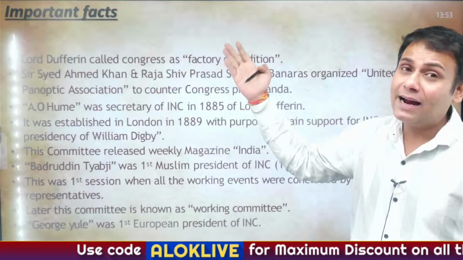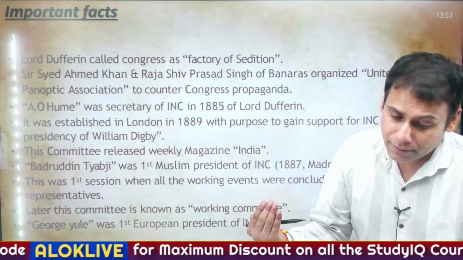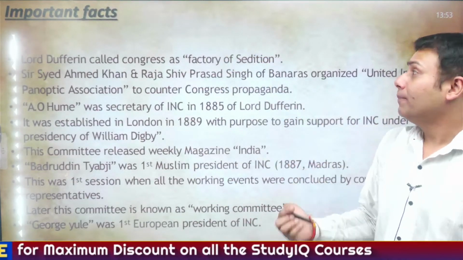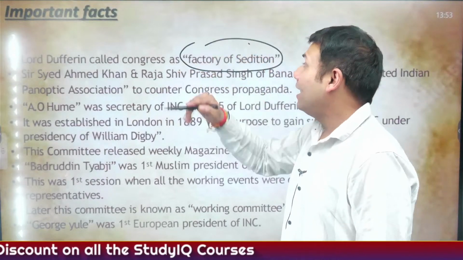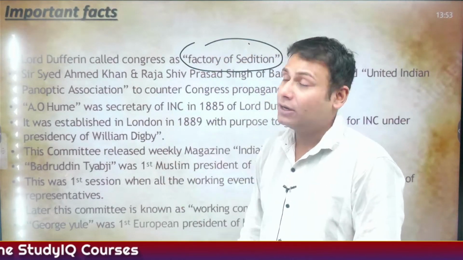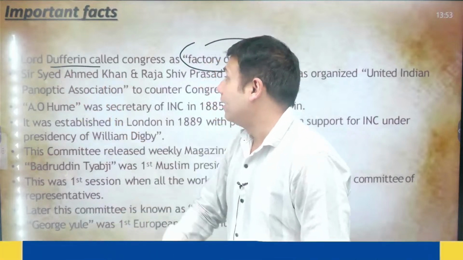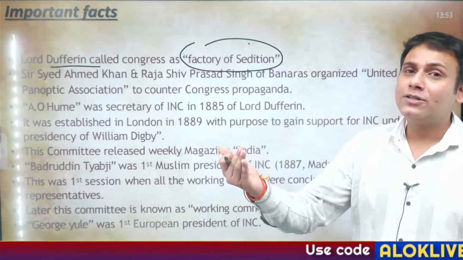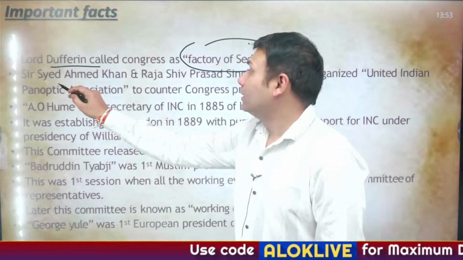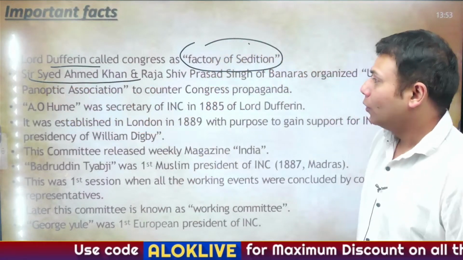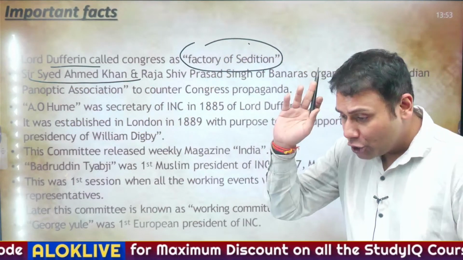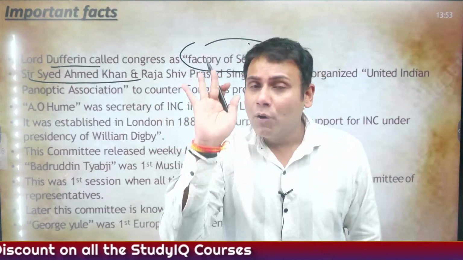These are the important facts that you need to remember, as sometimes questions crop up in the examination. Who referred to the Indian National Congress as a factory of sedition? It was Lord Dufferin. Who remained loyal to the Britishers during the revolt of 1857? It was Sir Syed Ahmad Khan. Allan Octavian Hume, as I've told you n number of times, was only the secretary of the Indian National Congress.